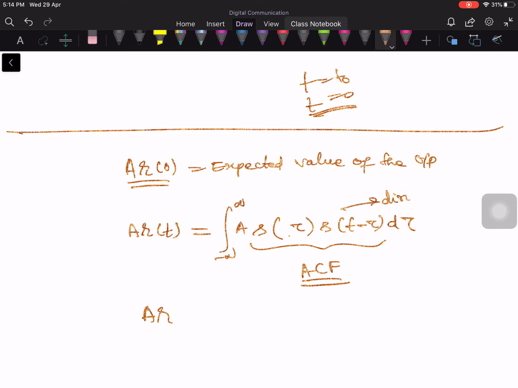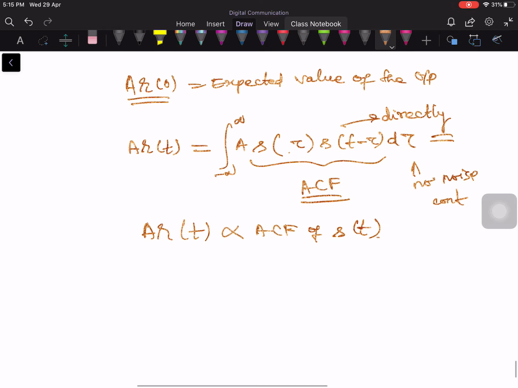A times R of t is directly proportional to the autocorrelation function of s of t. So when the input is only signal, see here there is no noise contribution, the matched filter will produce an output which is nothing but the autocorrelation function of the input waveform.